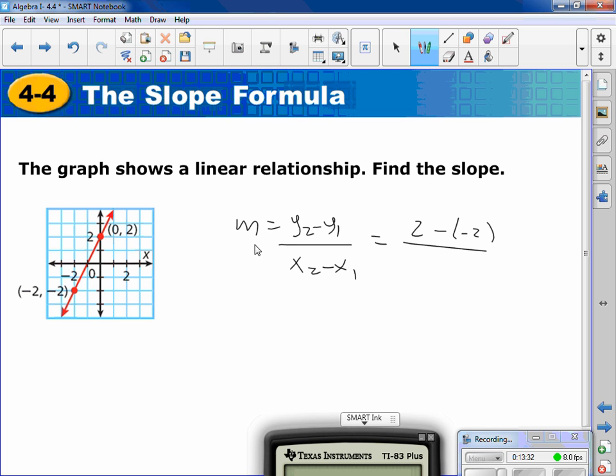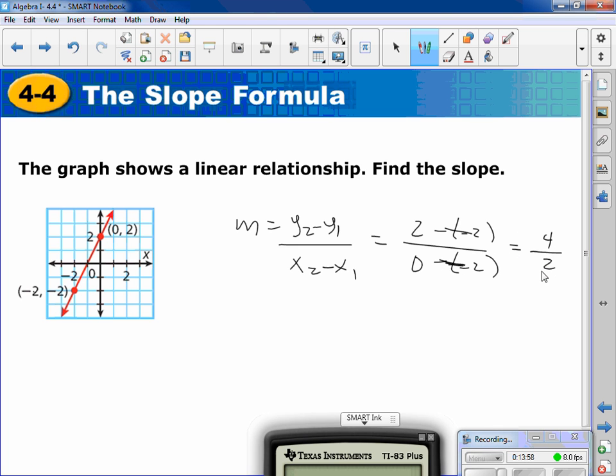So this one is 0 for my first x minus -2. They need to line up. 0, comma 2, -2, comma -2. Negative, negative makes a positive. What's 2 plus 2? 4. Negative, negative makes a positive. 0 plus 2 is 2.